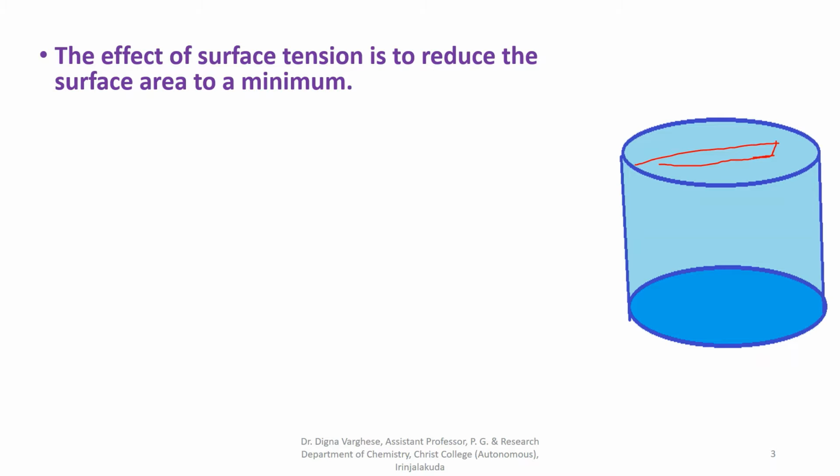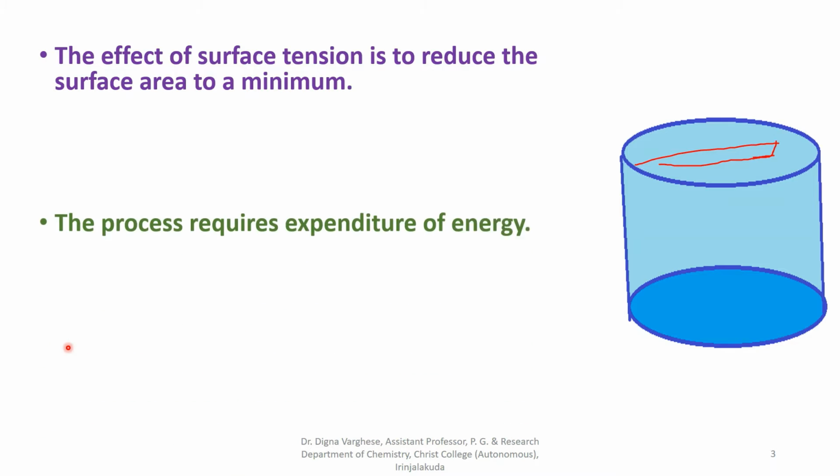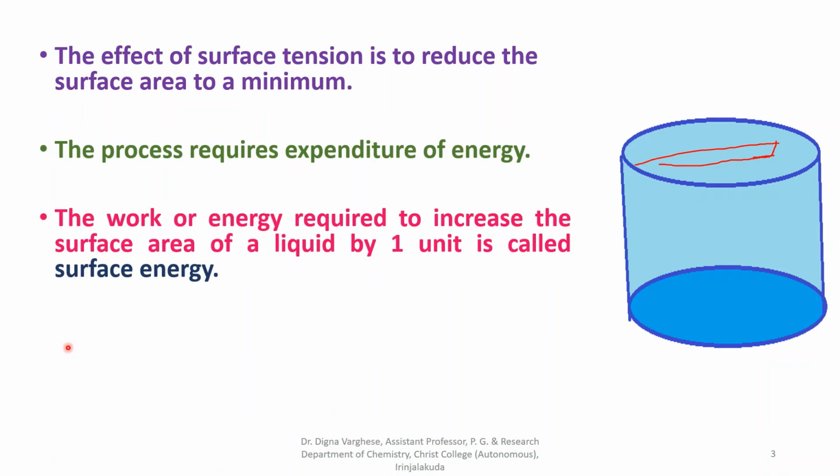Okay, the work or energy required to increase the surface area of a liquid by 1 unit is called surface energy. In other words, the total energy per unit area of the surface is called the surface energy.